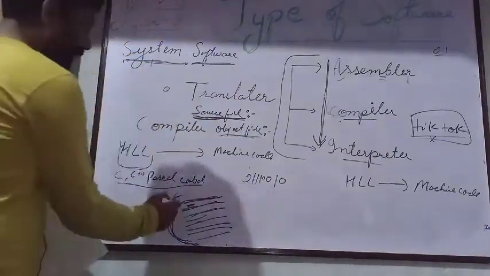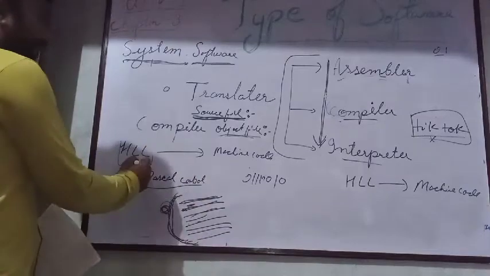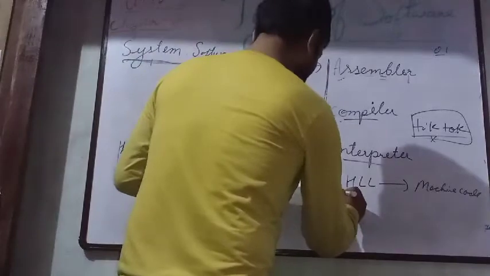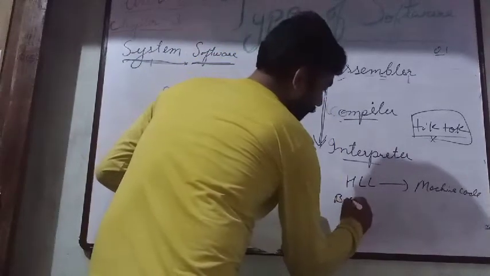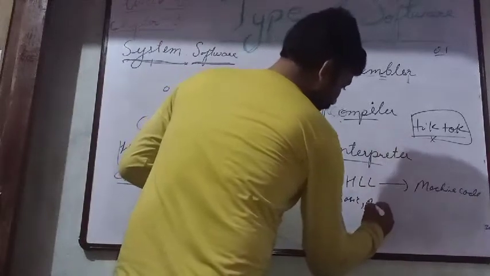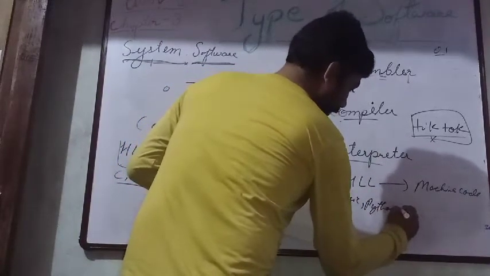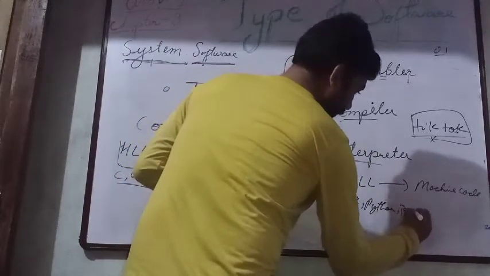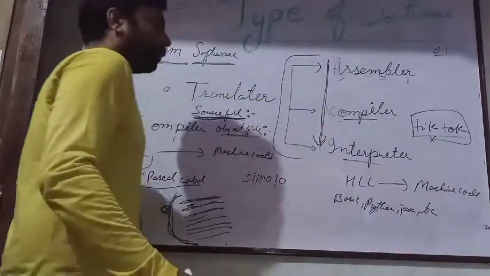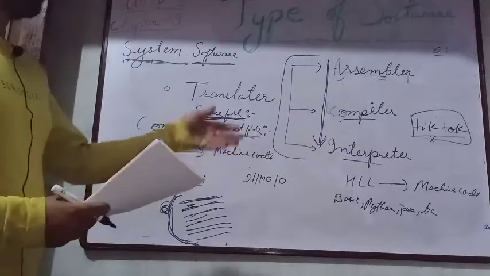Similarly, I was telling you, in the compiler there is a high level language, and here also a high level language, but which programs are there? BASIC, Python, Java, C#, and many more.